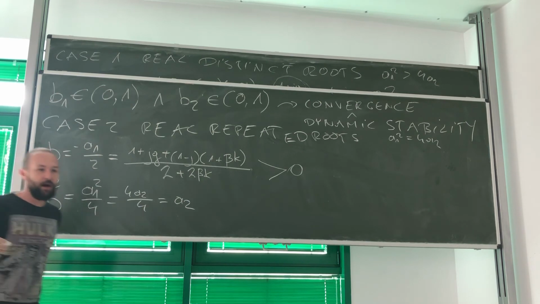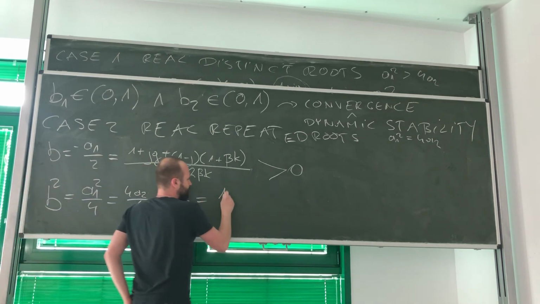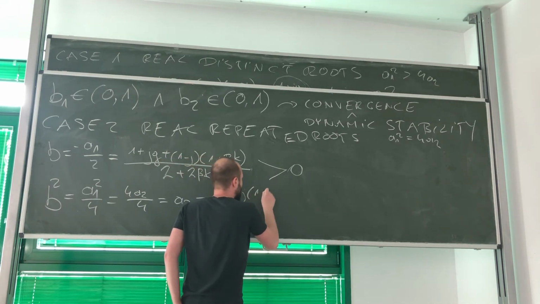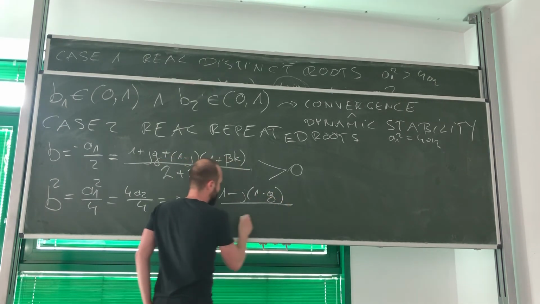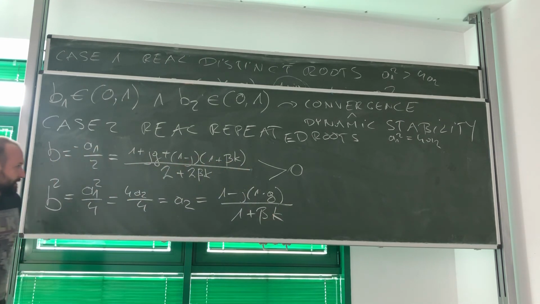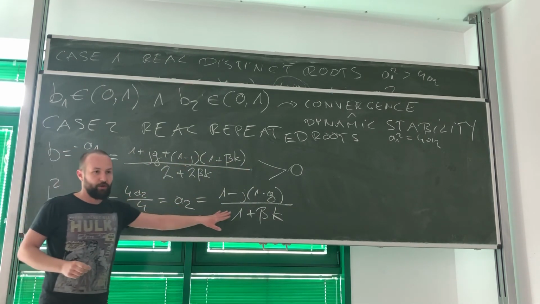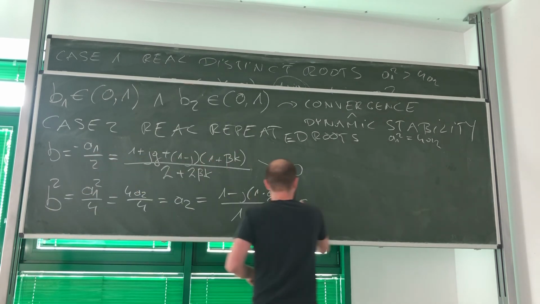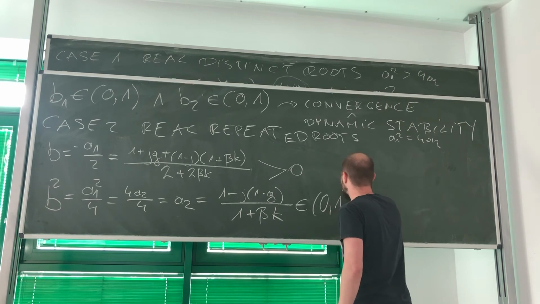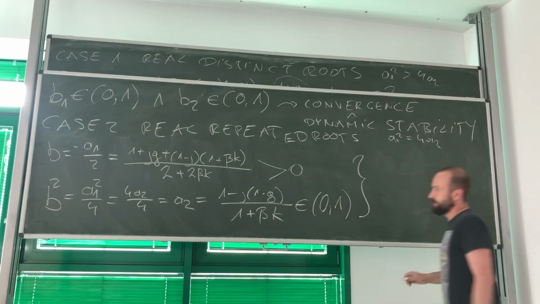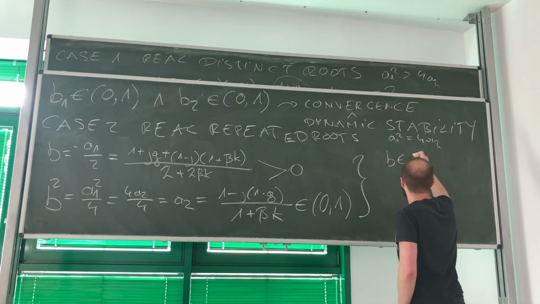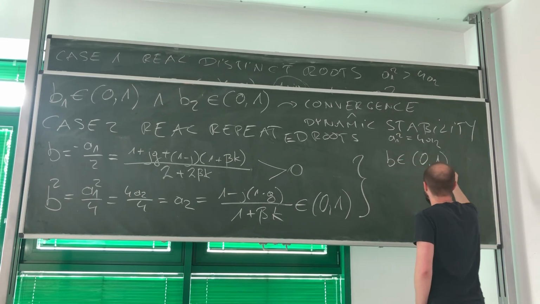And because A2 is equal to 1 minus J times 1 minus G over 1 plus beta K, we know definitely that this is going to be between 0 and 1. And based on these two, we know that B is between 0 and 1.